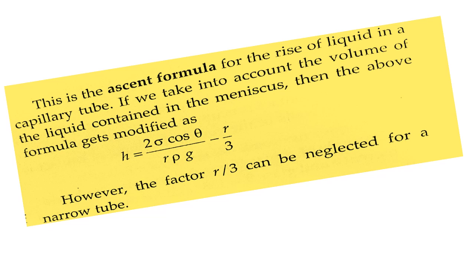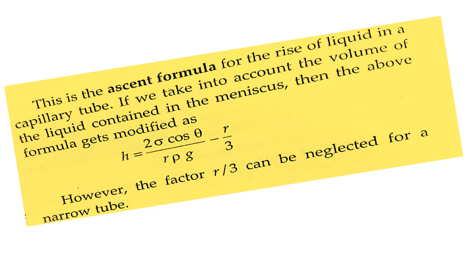If we take into account the volume of the liquid contained in the meniscus, then experimentally it is observed that the exact height h will be 2 sigma cos theta by r rho g minus r by 3.